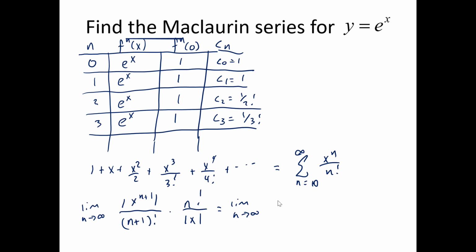If we clean that up, we end up with just the absolute value of x over n plus 1, and this limit is 0, which is less than 1, therefore it converges for all x.